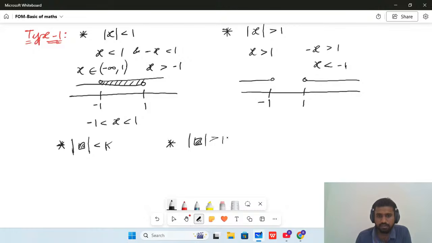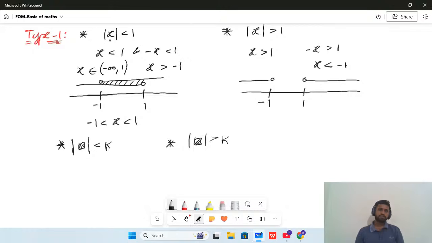This is the first category in type 1 and this is the second category. So what are the answers for these? Mod of expression less than k and mod of expression greater than k.